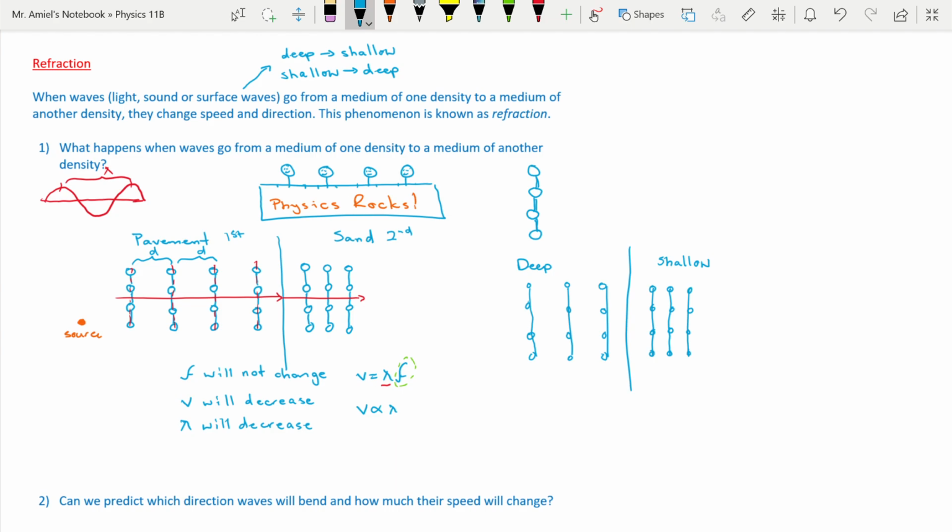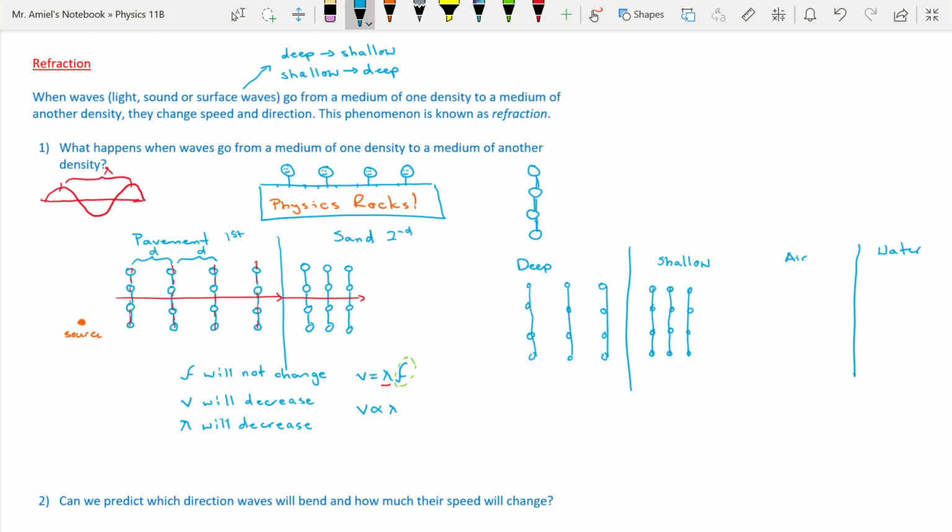Okay, and it's going to be the same thing for light as well. So if we're going from a less dense medium, let's talk about light going from air into water. Air is going to be less dense than water.